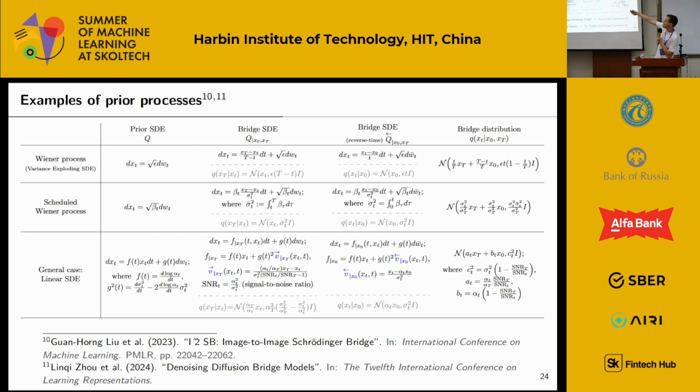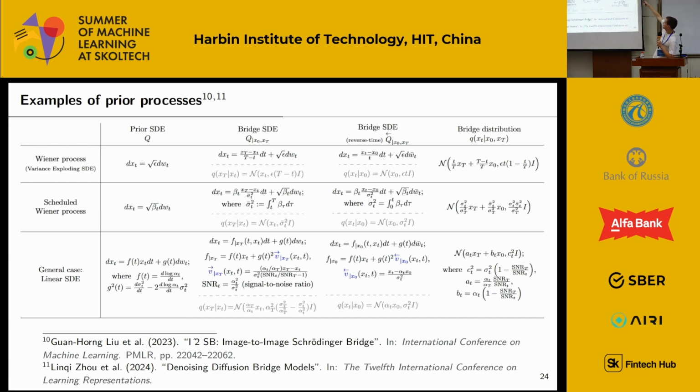So its bridge process, which is needed for bridge matching, for Markovian projection, is known analytically, so it can be written in this way. Its transition probabilities are known analytically. These are some normal distributions with particular coefficients. The same holds for the reverse time stochastic bridge associated with this Wiener process.